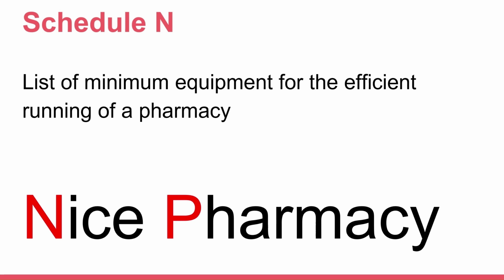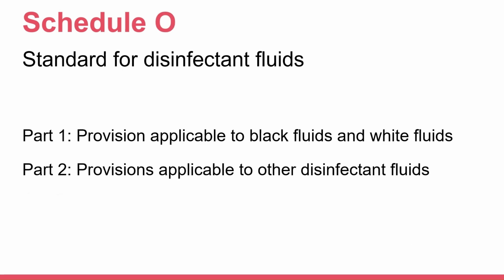How can we remember this? Just remember the words nice pharmacy. Nice starts with N, which is for Schedule N. Then pharmacy helps you to remember the minimum requirements for the efficient running of a pharmacy.